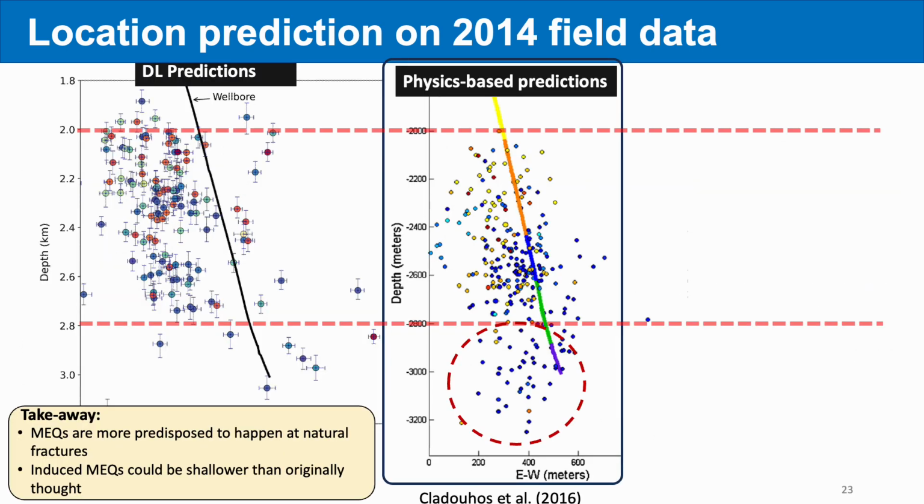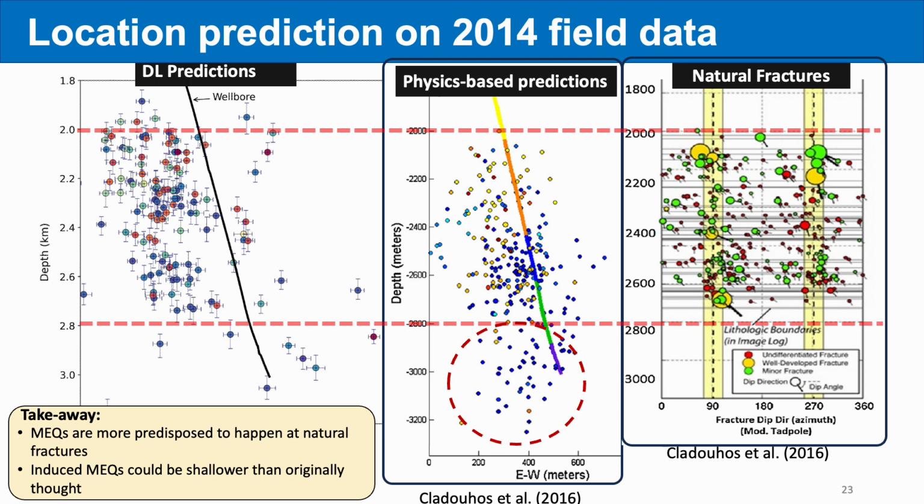And then next, we apply this trained model to the 2014 field data set. With this data set, we have some new discovery. In the stimulation zone, you can see there is some consistency of the source location. But below the stimulation zone, we predict far fewer micro-earthquake sources compared to the physics-based prediction.